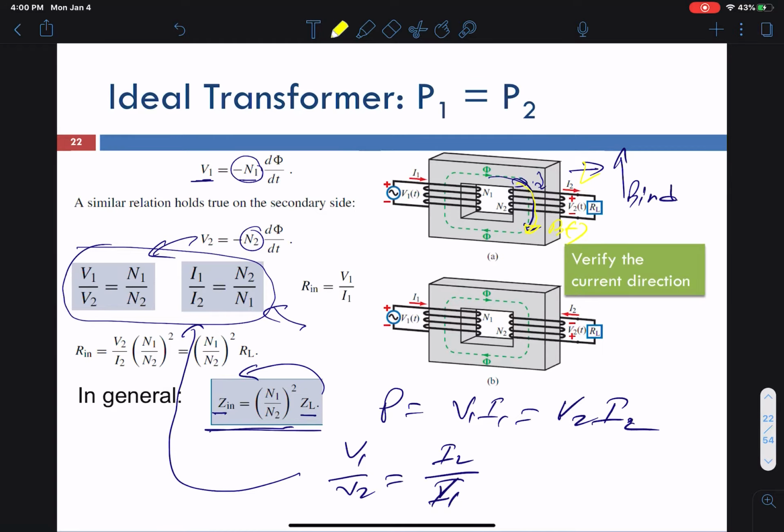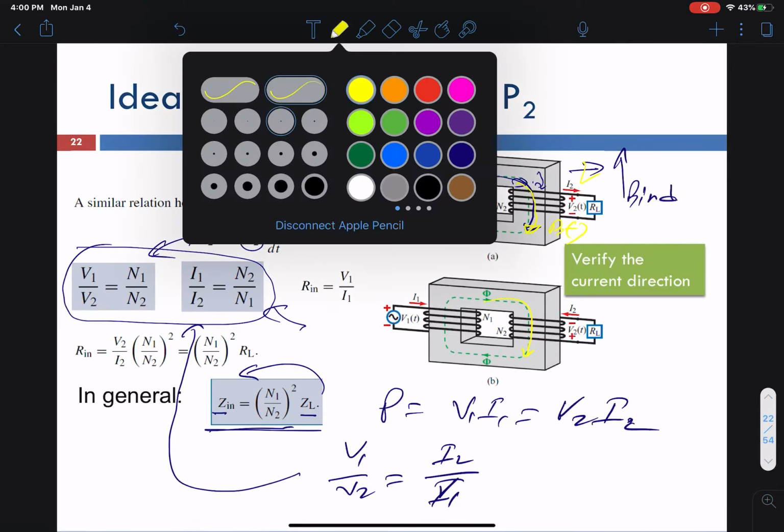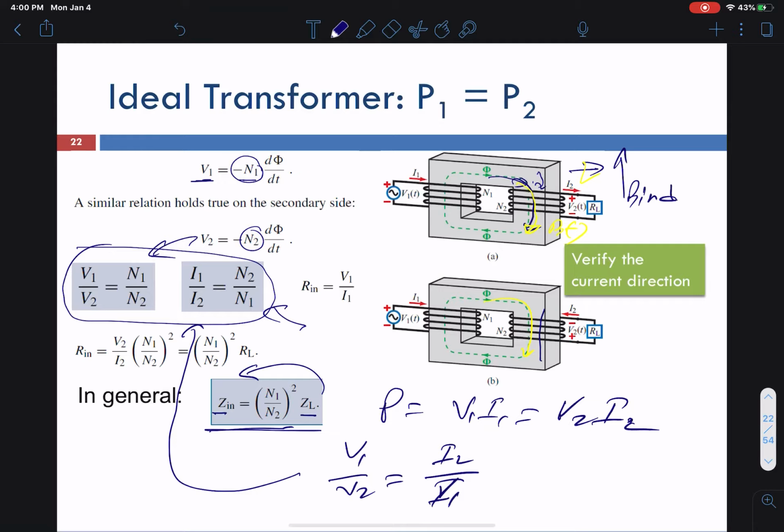And now if you change the winding, this is the different winding here, look at what happened. Still your current here is going inside the lobe, coming down. The flux is increasing inside the lobe, so your induced flux should be this way here.